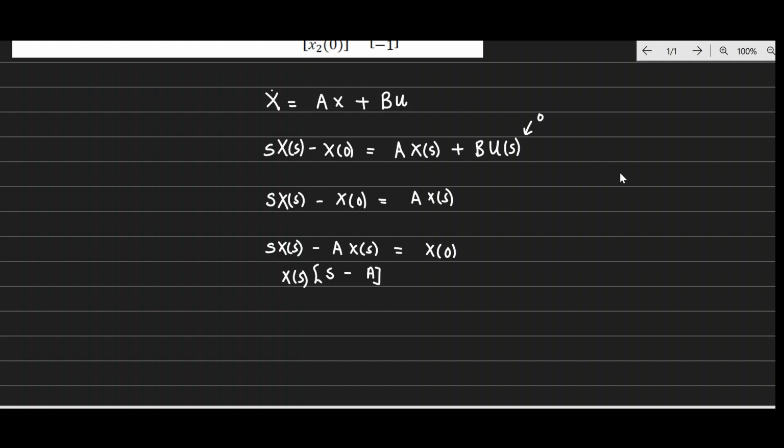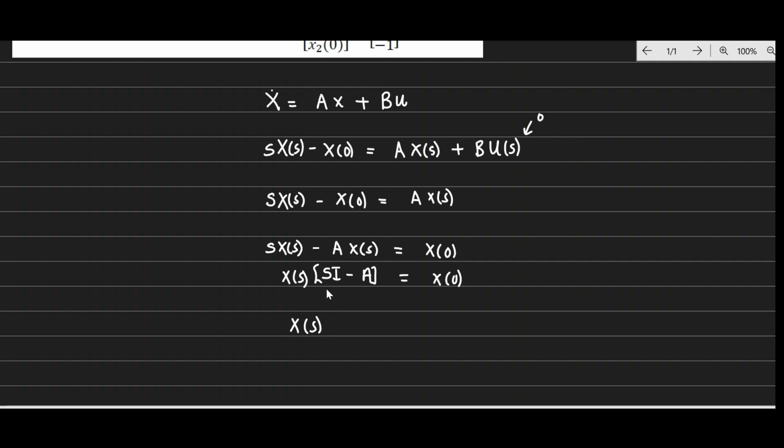There's no way you can subtract a matrix from a number. So we have to make this s a matrix as well. You multiply by 1, and 1 in matrix form is called the identity matrix. So we have (sI minus A) x of s equal to x of 0. Then you have to solve for x of s.